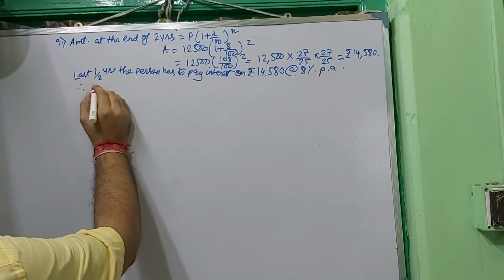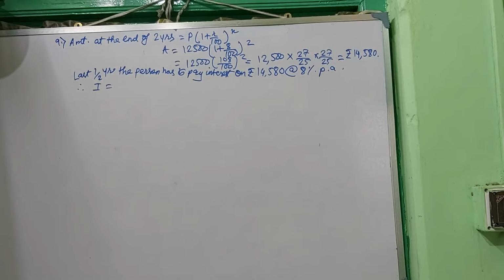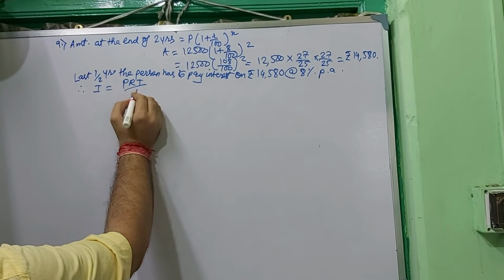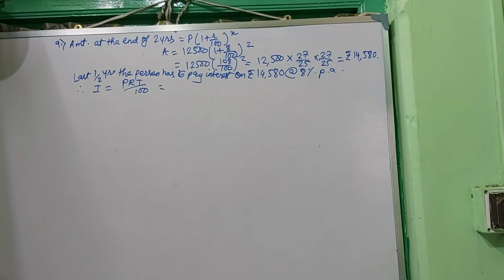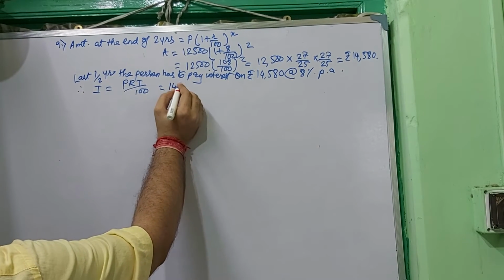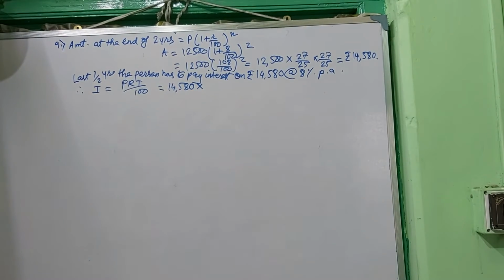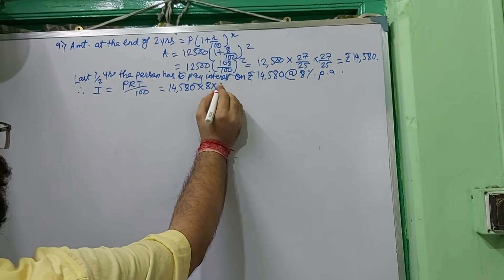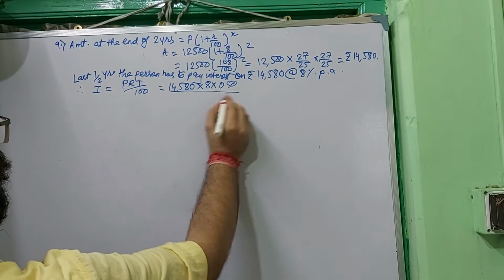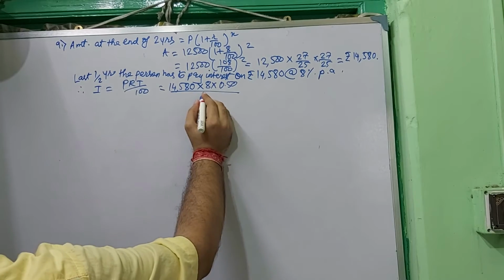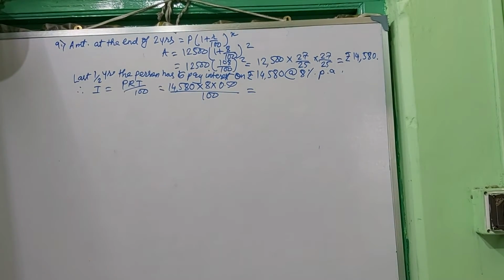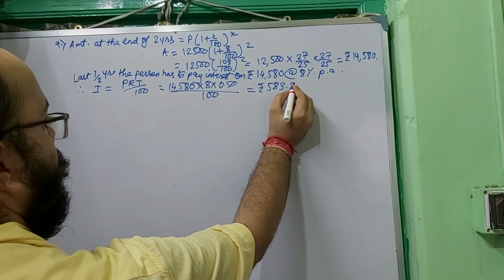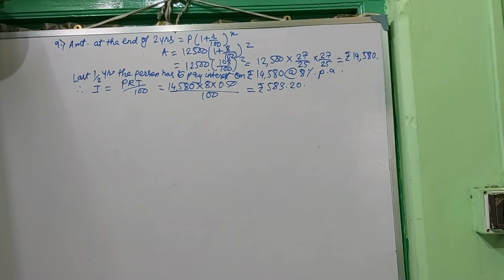Therefore, interest for half year, obviously, is PRT by 100, which is 14,580 into R, which is 8. Half year means you can write half or you can write 0.50. It will be easier for you to calculate. Into 0.5, divided by 100, you will get rupees 583.20.